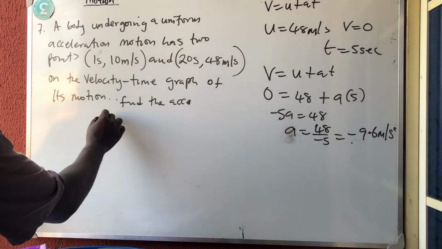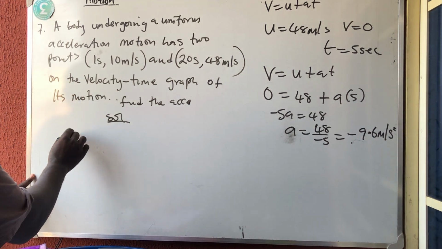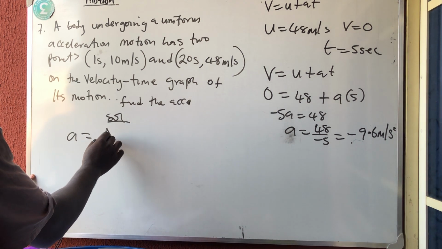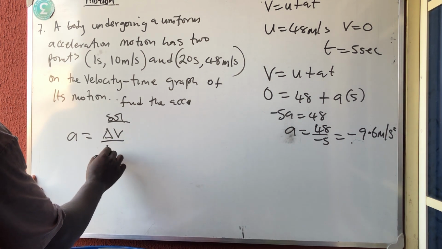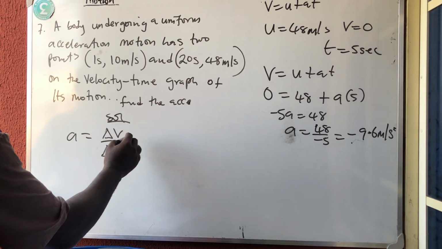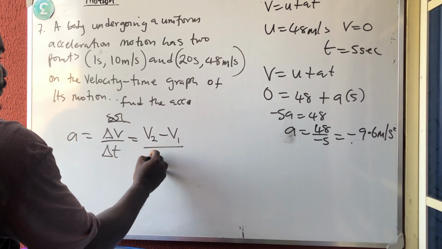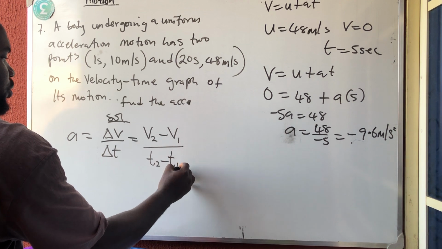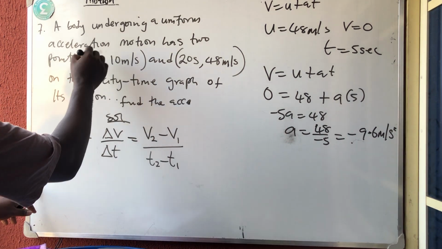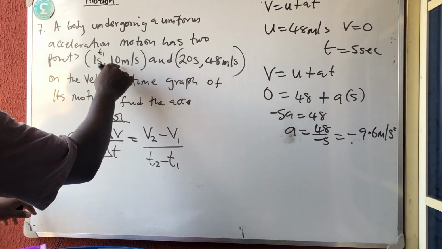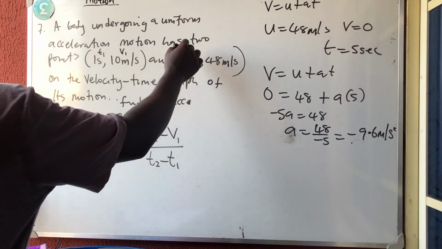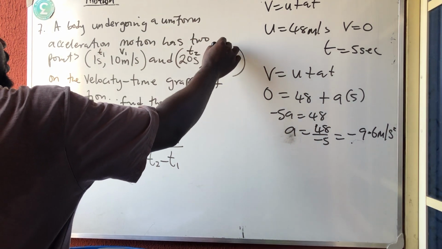The acceleration of this body is very simple. You know that acceleration means change in velocity over change in time. Don't forget this formula: V2 minus V1 all over T2 minus T1. So call the first time T1, the first velocity V1, the second time T2, the second velocity V2.